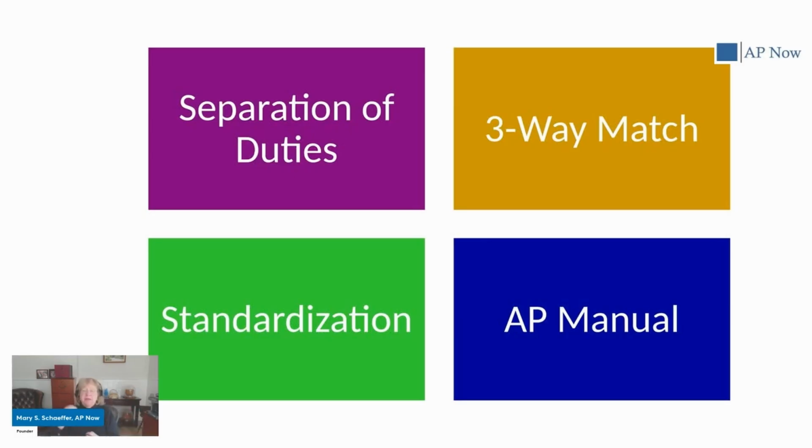And so they start to make little changes, nothing major, and they'll think, we don't have to update that, we'll do it next time. And then before you know it, 2, 3, 4 years have gone by, you've made 12 little changes, and what you're doing today in your accounts payable operation bears no resemblance whatsoever to that policy and procedures manual that you have sitting on your shelf.